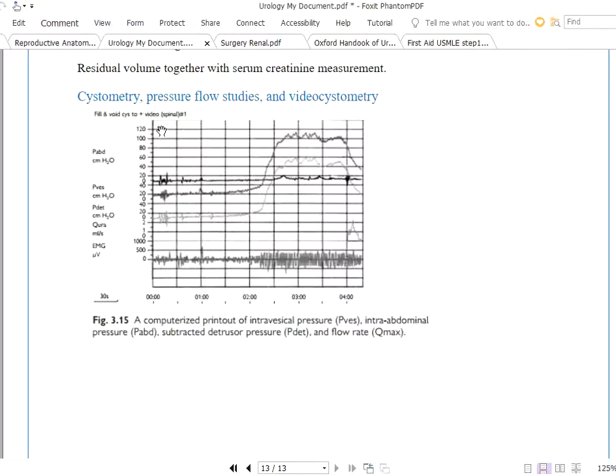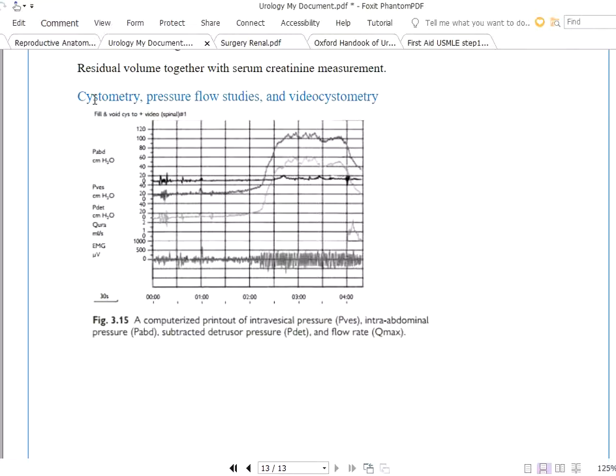How is this test done? Cystometry helps us to measure the pressure that the bladder has at its maximum contraction, and also measure the pressure of output that comes because of that maximum level of contraction. And video cystometry combines all of these.